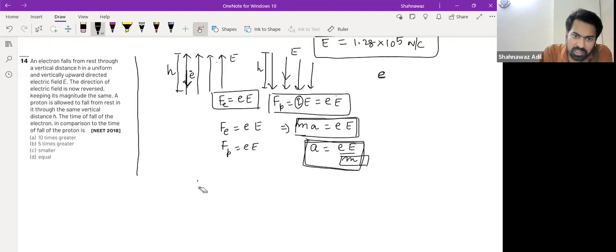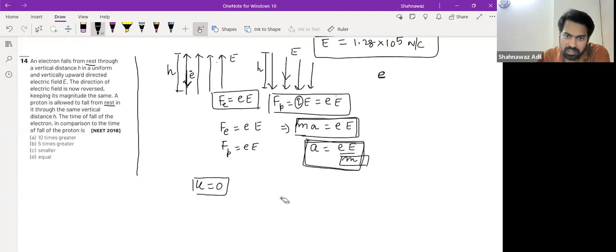What is the initial velocity of electron and proton? Zero. Yeah, see.